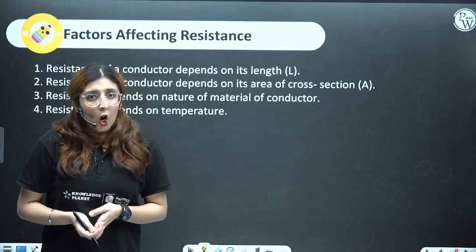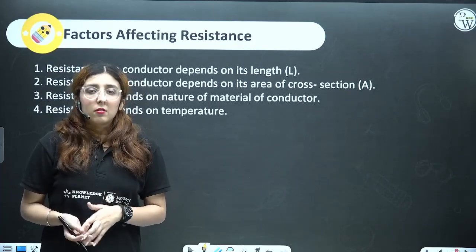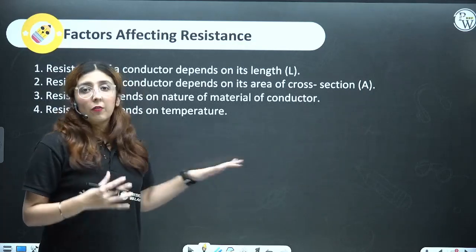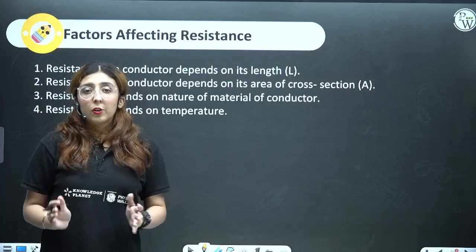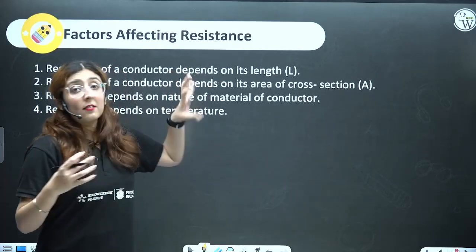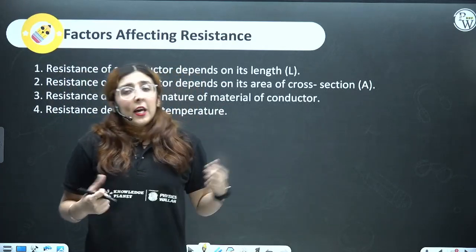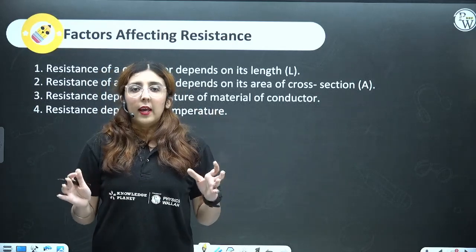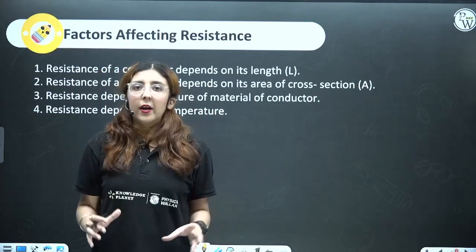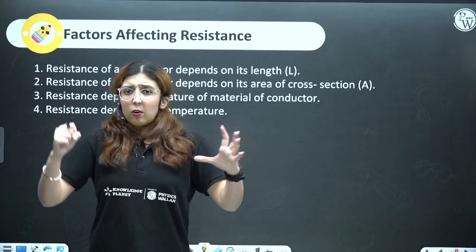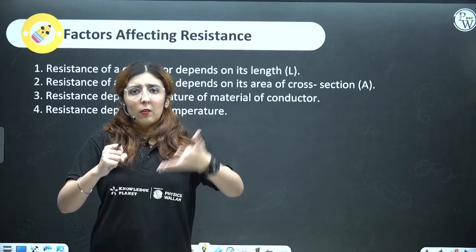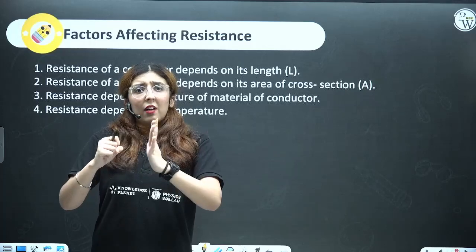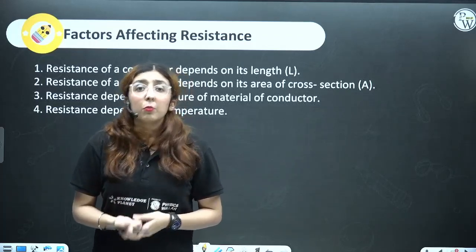Whenever we talk about this term, you have to think that electrons are moving through a wire. There are a lot of atoms. As the electron is moving, those atoms are going to try that this electron should not move.